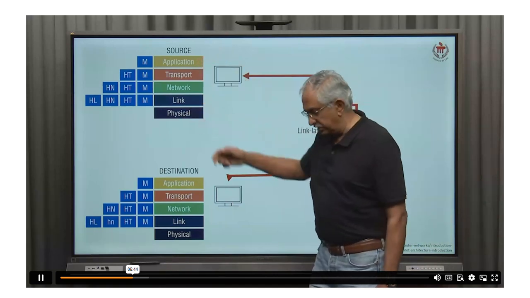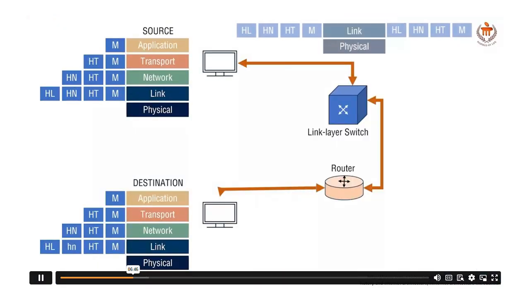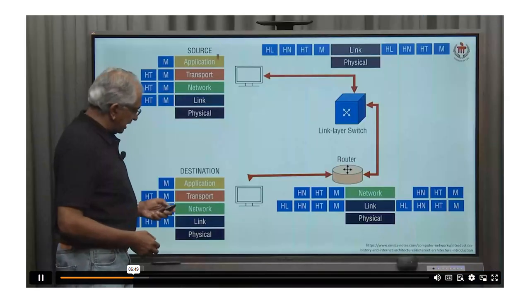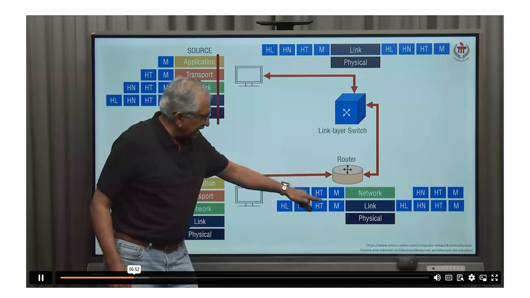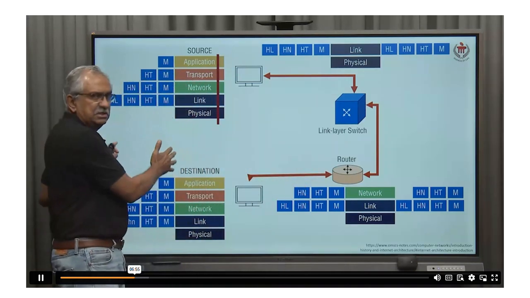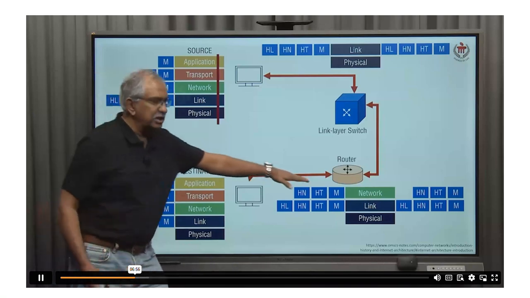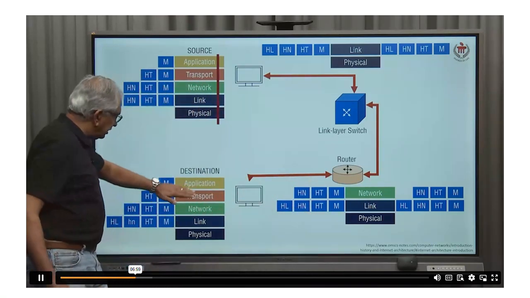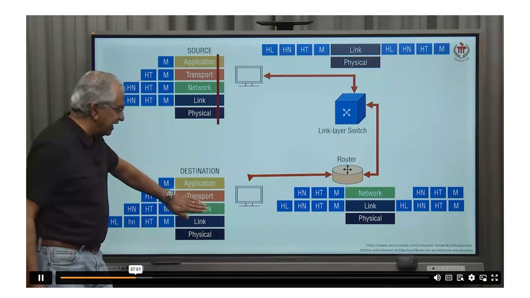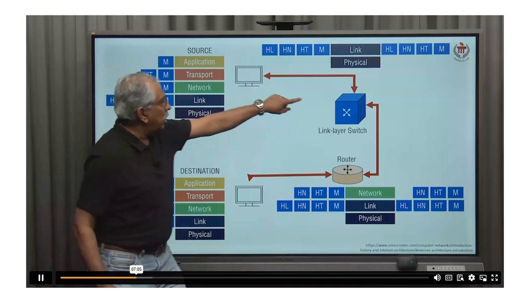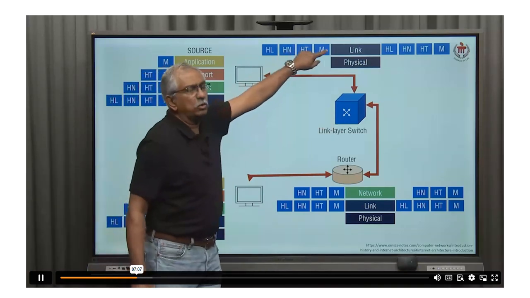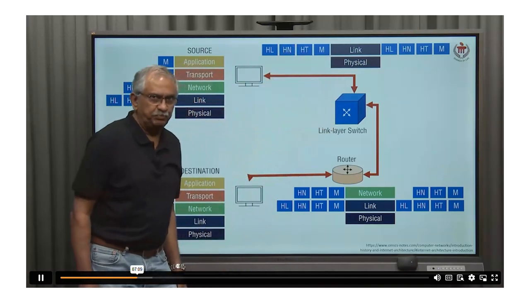It goes through these 4 layers, and then something exciting happens. On the router side, I have got a part of this structure. On the network, link, and physical side, so I don't have the application and the transport, only the network, link, and physical. On the link layer switch, I've got only the link and the physical.